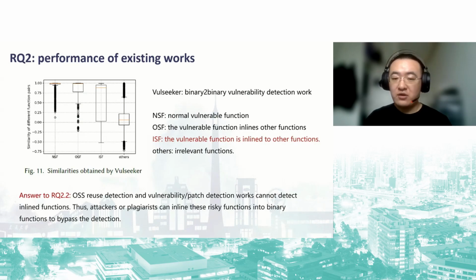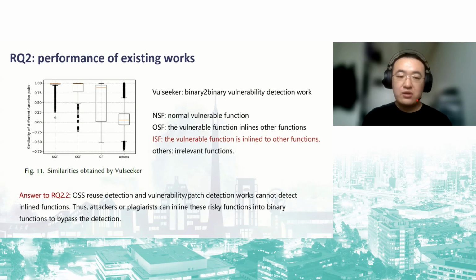And apart from the normal binary functions and the binary functions with inlining we have mentioned above, we also take another category of binary functions to evaluate the existing works. That is the binary functions which have inlined the vulnerable function.